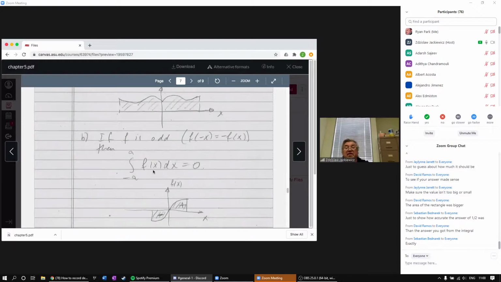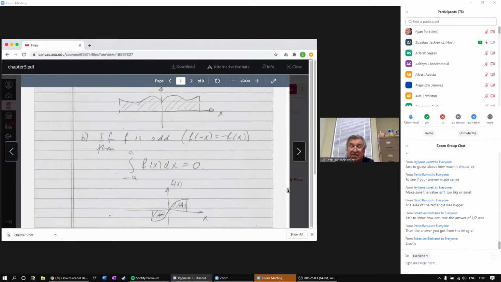And the second part: f is an odd function, which means that f of minus x is minus f of x. Again, typical examples of odd functions are sine or tangent. And for odd functions, if you compute the integral from minus a to a of f of x dx, it is just 0.